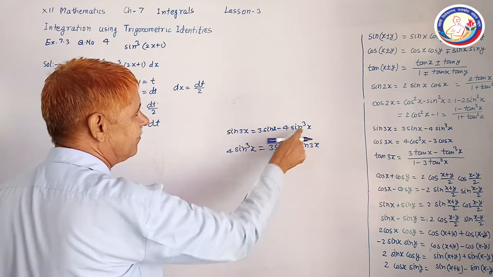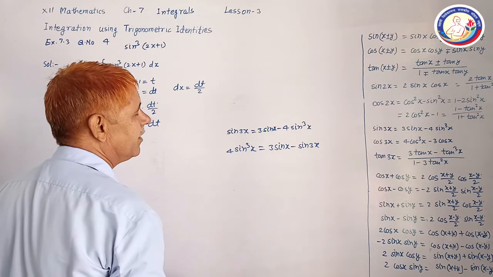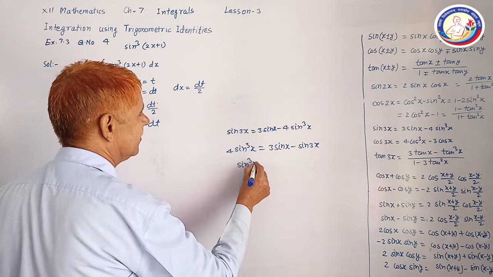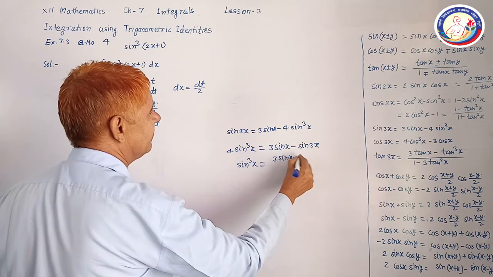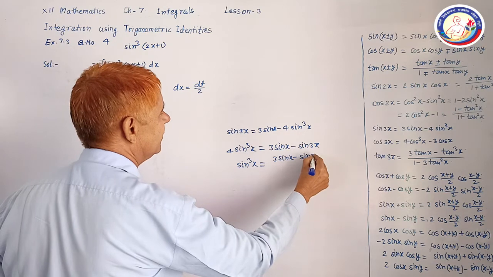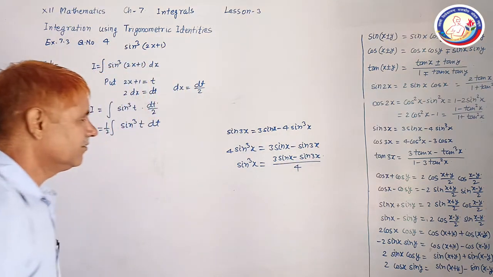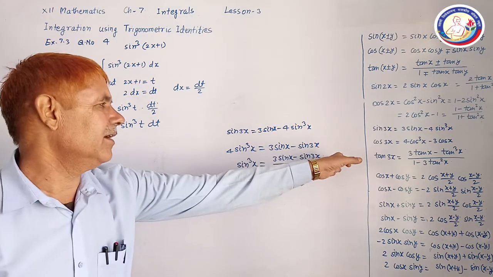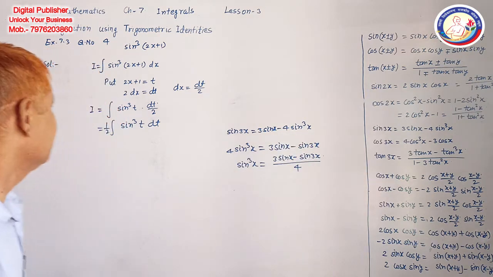I have taken this term from left to right and changed the sign. Now sine cube x is equal to 3 times sine x minus sine 3x, divided by 4. So I am substituting this value for sine cube x, and then every part of the integrand will be integrable.